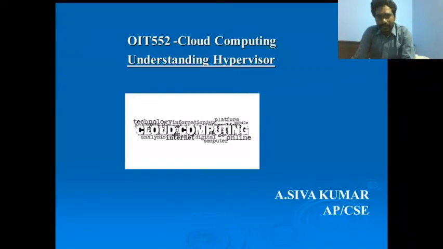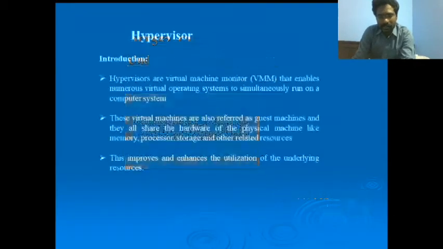Today we are going to discuss the topic of understanding the hypervisor. A hypervisor, or virtual machine monitor, enables numerous virtual operating systems to run simultaneously in a computer system.